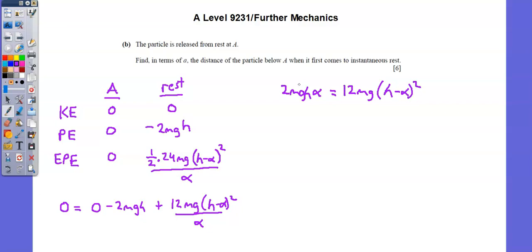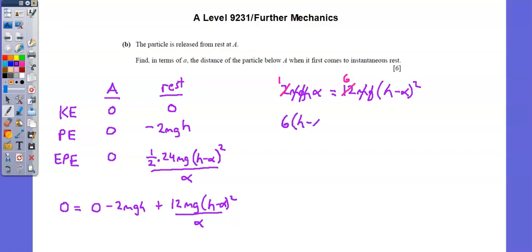In this working, I can eliminate m from both sides and g from both sides. Now, thinking about solving for h, I recognize that I'm working with a quadratic. Before that's set up, I'll make one more manipulation. I'll take my 2 and make it 1, take my 12 and make it 6, so I have divided both sides by 2. And so now I'll set up to solve the quadratic.